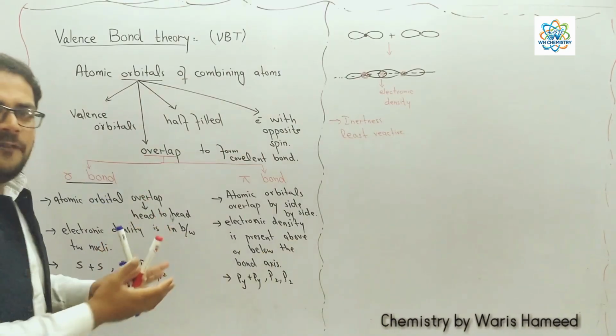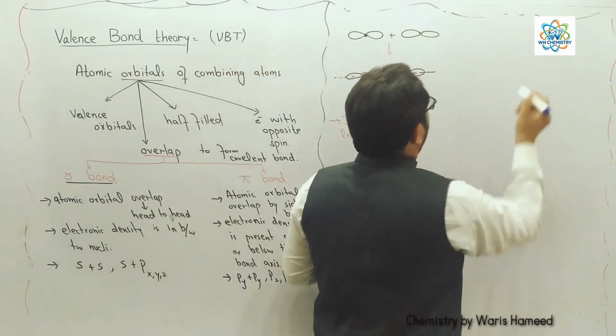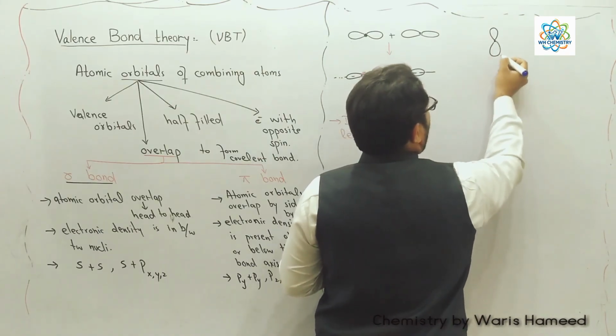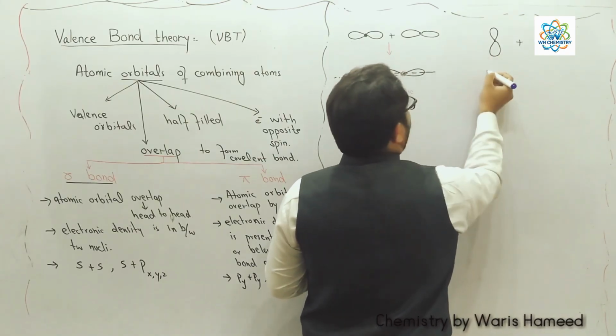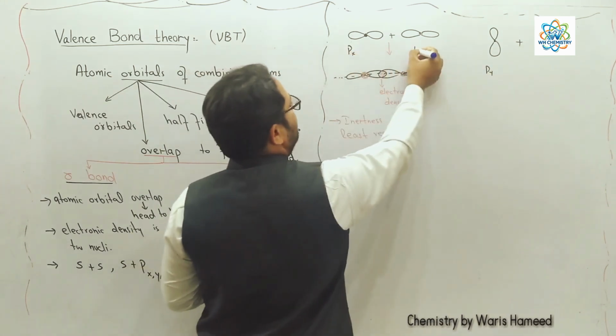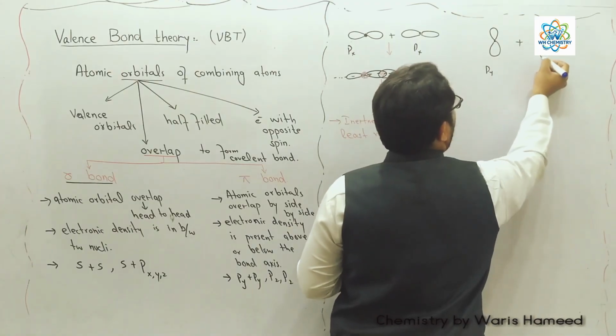Now in case of pi bond, it's py and it's px. A py orbital overlaps with another py orbital.